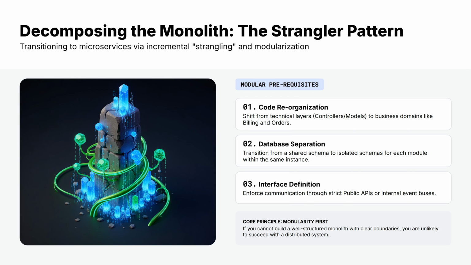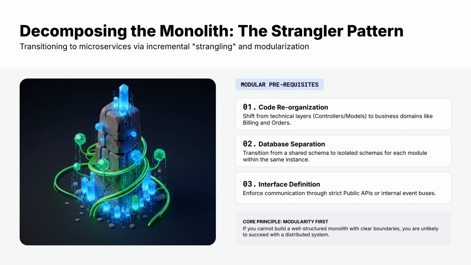In this pattern, new functionality is built as microservices, while existing monolithic functionality is slowly strangled by extracting modules one by one into new services. An essential prerequisite for this transition is moving toward a modular monolith first. If an organization cannot build a well-structured monolith with clear internal boundaries, they are unlikely to succeed with a distributed system.